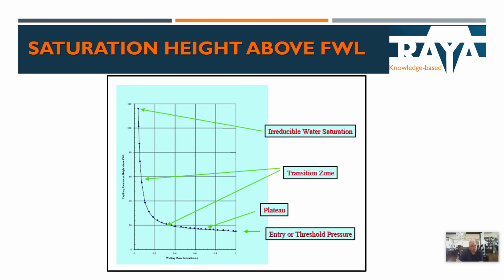Below the irreducible water zone, we have the transition zone, where we produce both oil and water.